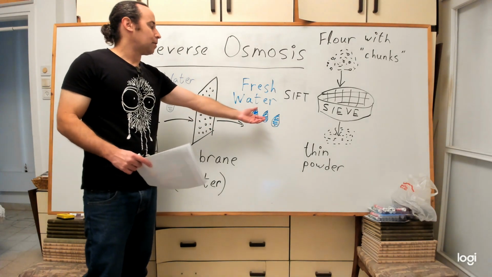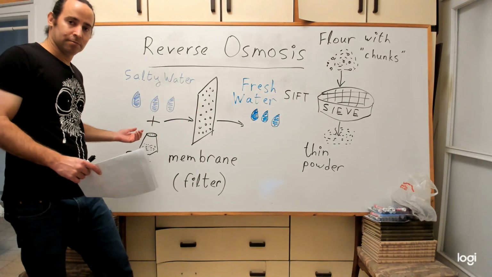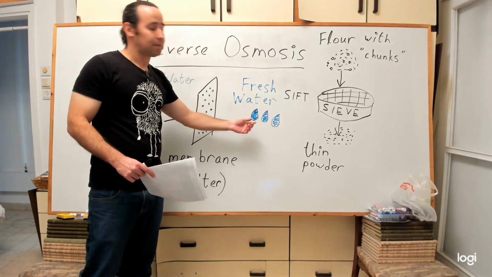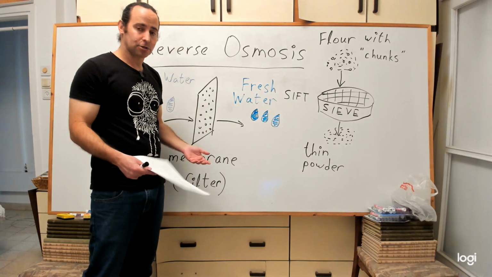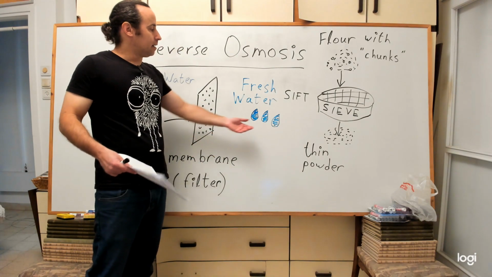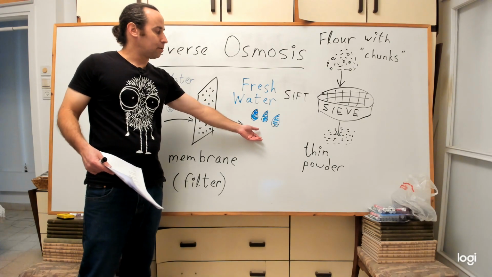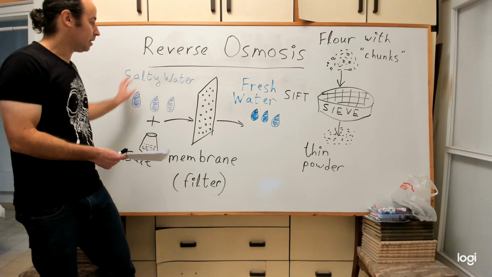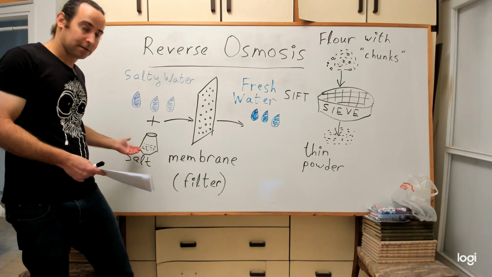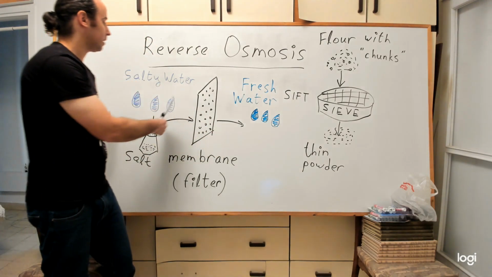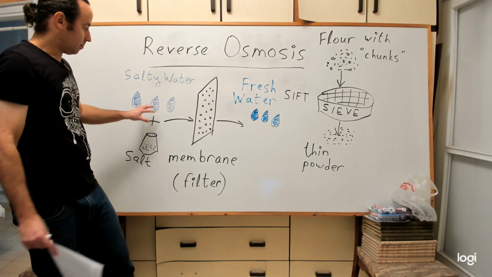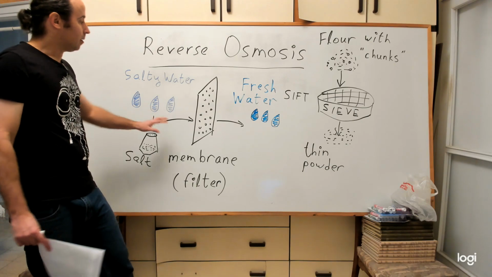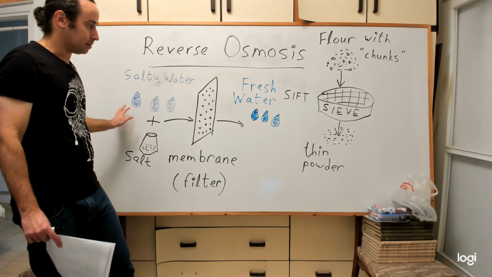But usually the water comes in this direction, and we want it to go in this direction. Normally if we don't put energy into the process, the water wants to go to the high concentration and make it into a low concentration by bringing a lot of water and making the salt more diluted. Never mind why, but that's how it happens naturally.